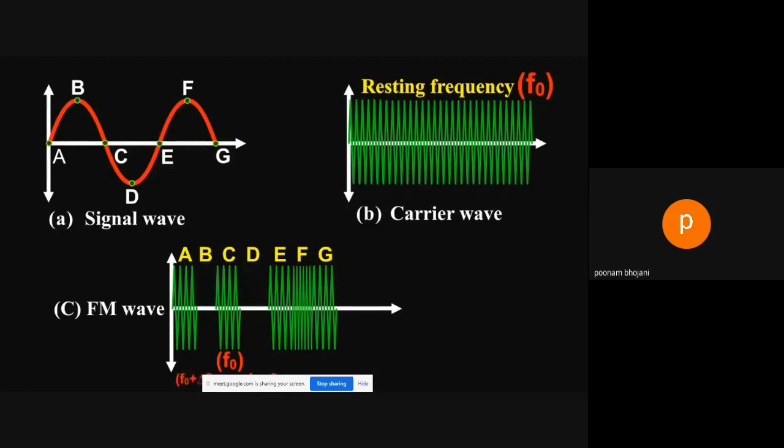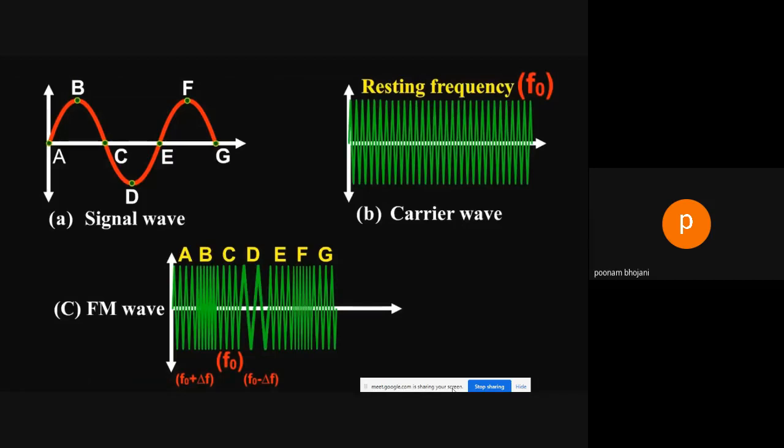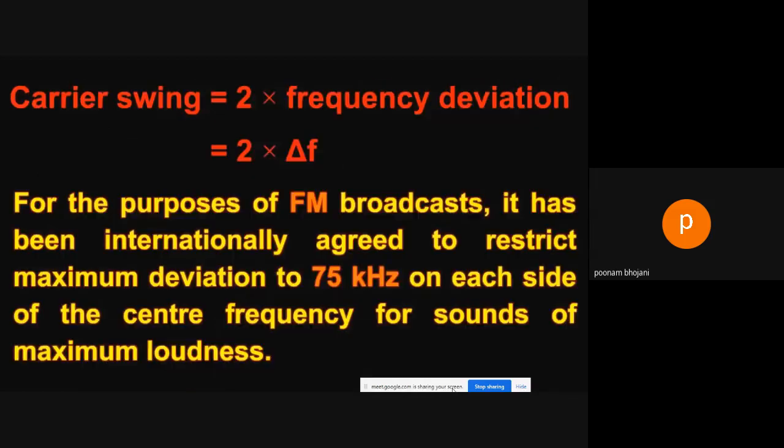The change or shift either above or below the resting frequency is called frequency deviation, del F. The total variation in frequency from the lowest to the highest is called carrier swing, CS. Hence, carrier swing is equal to 2 into frequency deviation, so 2 into del F.